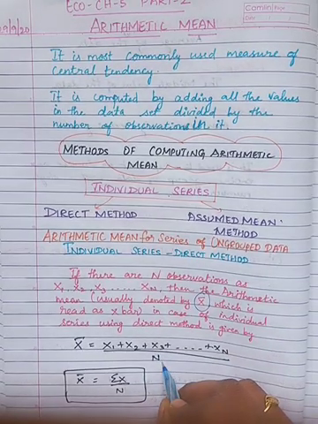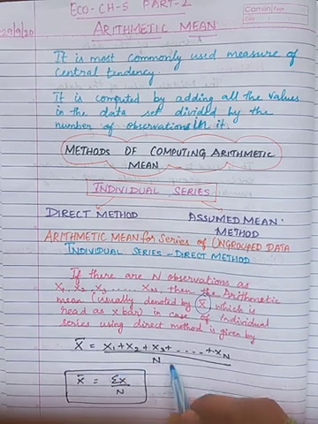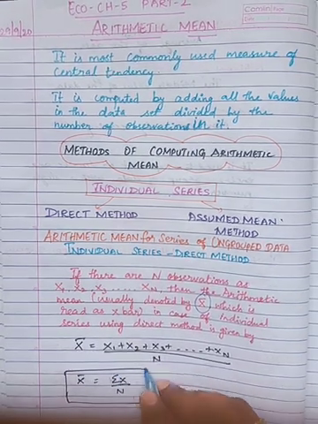N is the number of observations. So if it stops at x5, then the number of observations will be 5.